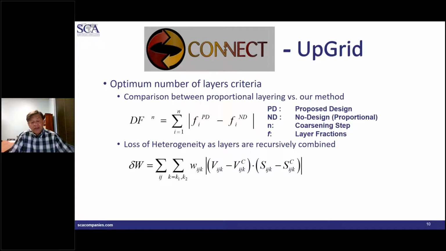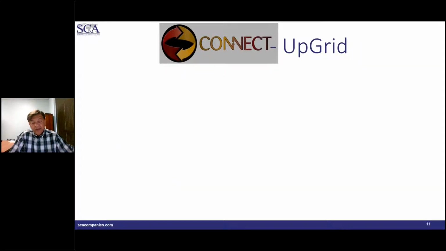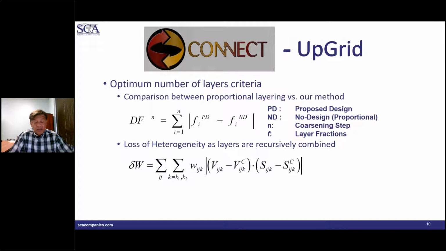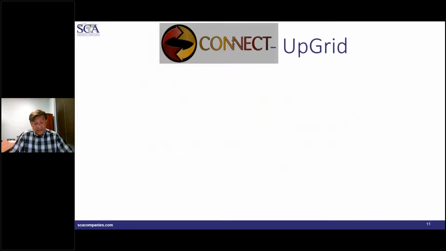If you are interested, we have written some papers, and we can obviously send you those papers. A lot of the work which we have incorporated in this upgrade is really developed by ourselves as well as Mike King from Texas A&M, and we really are using some of his methodologies in capturing some of these heterogeneity indexes.